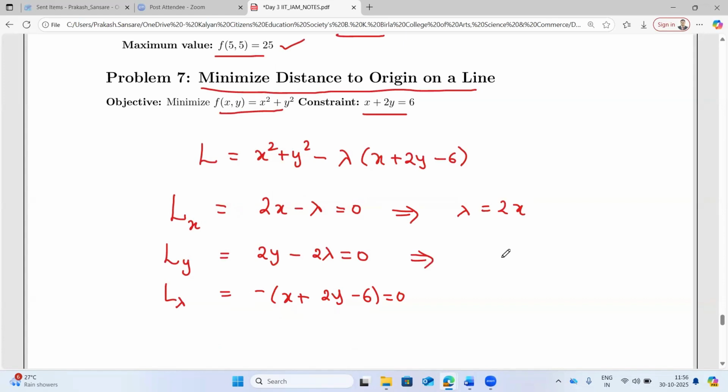This will give you lambda is equal to 2x, and this will give you lambda is equal to y. And this will tell you that x plus 2y minus 6 is equal to 0. If you substitute the x and y values, you'll get x is equal to lambda by 2, y is basically lambda, and this is equal to 6.